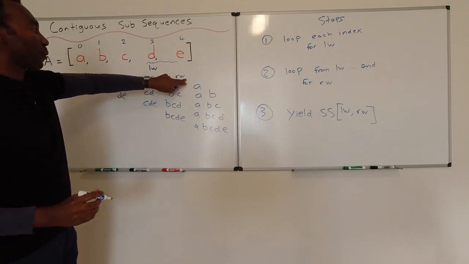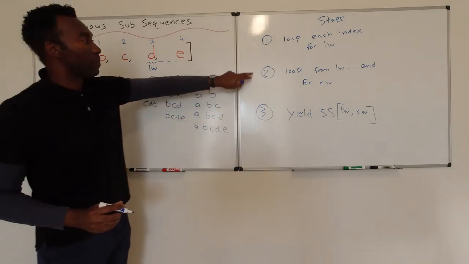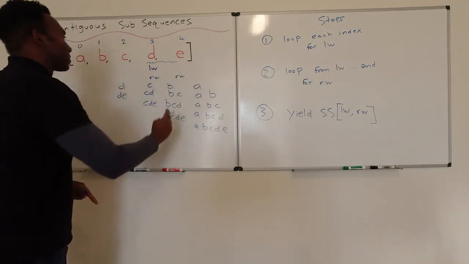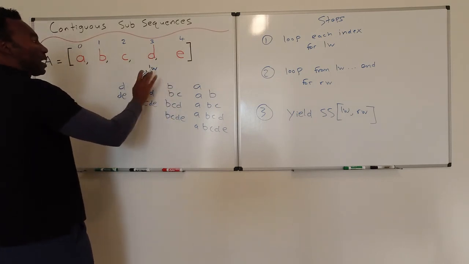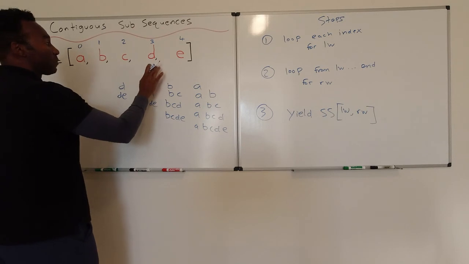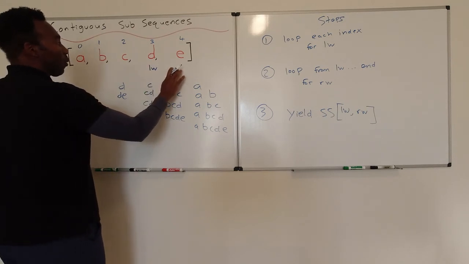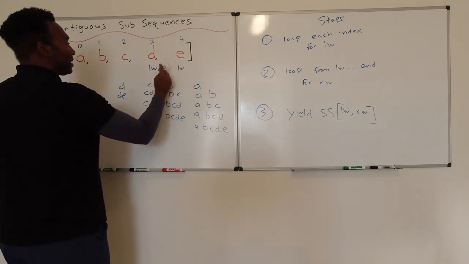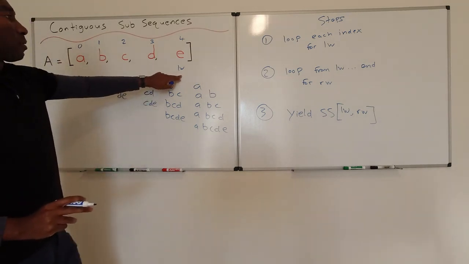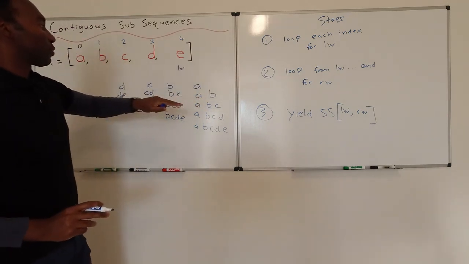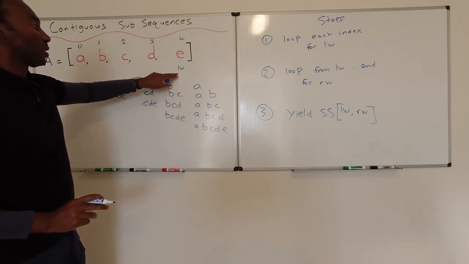And then after that, your right wall is done. Therefore, you will return back to the outer loop. Erase that and erase this. So right now, the left wall is here. After incrementing, we'll have the left wall be right here, which is the very last index. Step 2 says you're going to write the right wall where the left wall is.